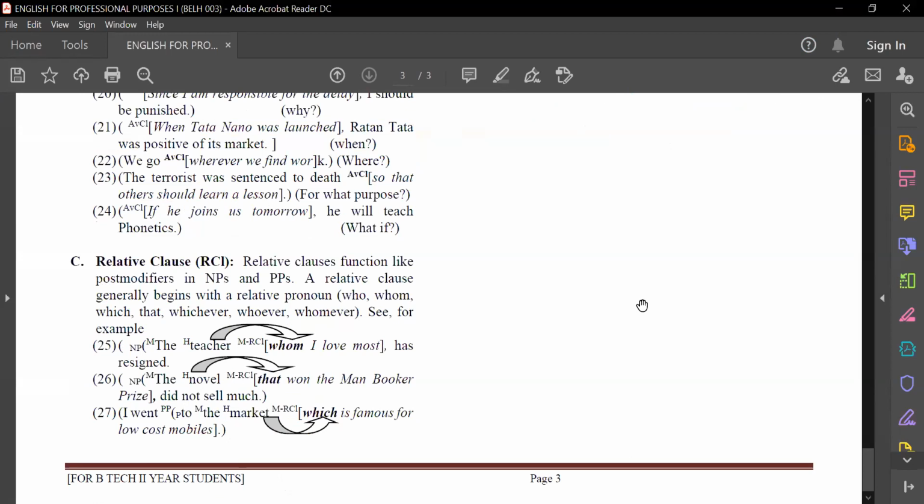Relative clauses function like post modifiers in NP and PP. If you're using noun phrases or prepositional phrases, these relative clauses will function as a post modifier. This is point number one. Point number two is that a relative clause generally begins with a relative pronoun.